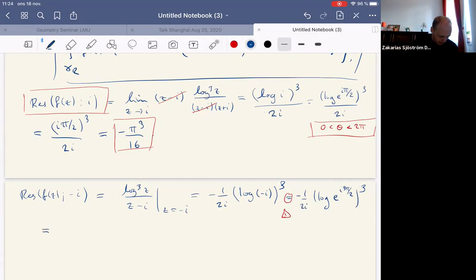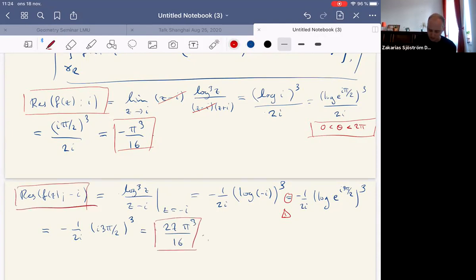And in the same way, this is equal to minus 1 over 2i times i 3 pi half to the cubed, which is equal to 27 pi cubed over 16.